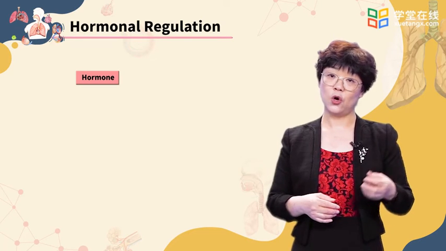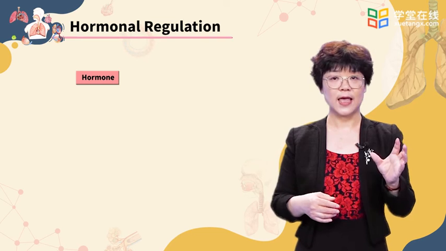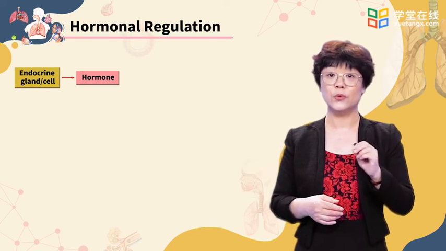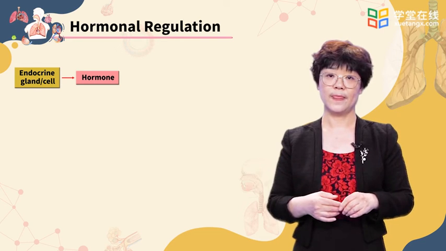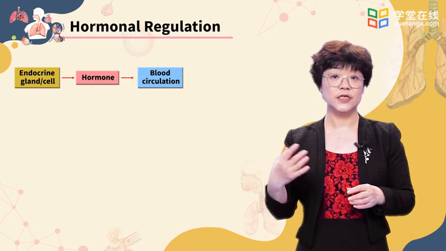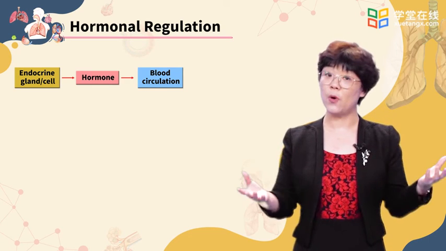Hormonal regulation occurs through the action of hormones. What is hormone? Hormone is a chemical substance secreted from endocrine glands or endocrine cells. Hormones are released directly into capillaries and circulate in the blood throughout the body.